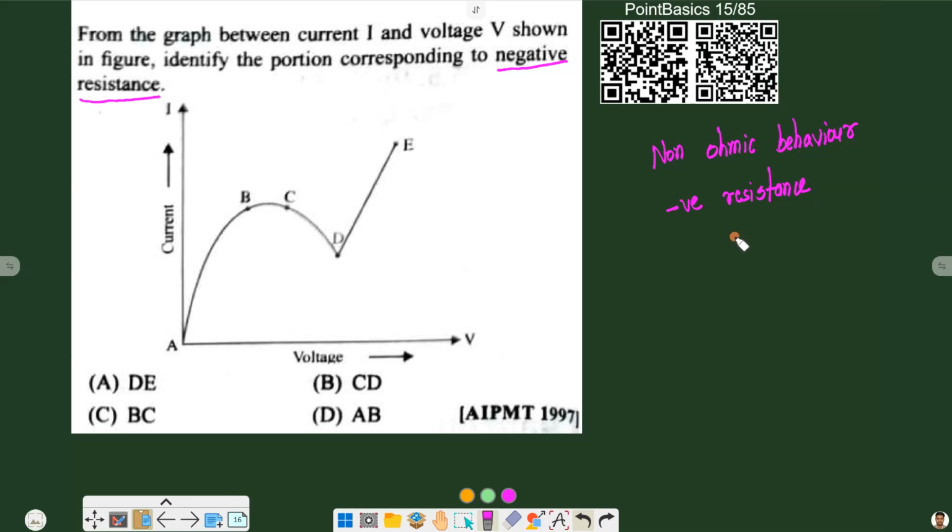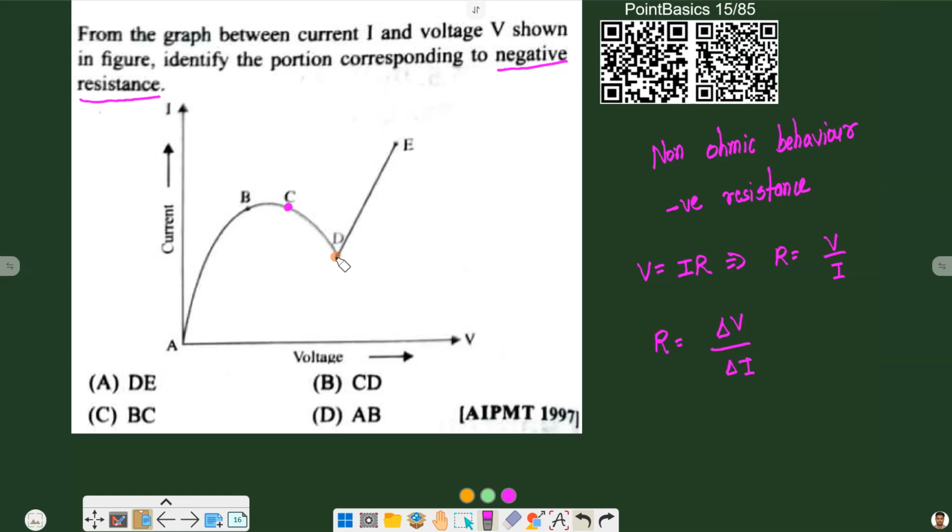And how can we identify negative resistance? We know that V is equal to IR according to Ohm's law, so R is equal to V by I. In terms of the graph, we can write that R is equal to delta V by delta I. Now take point C and D.